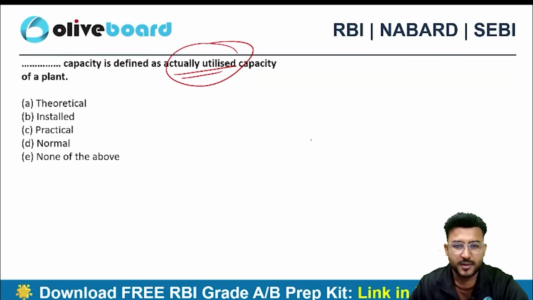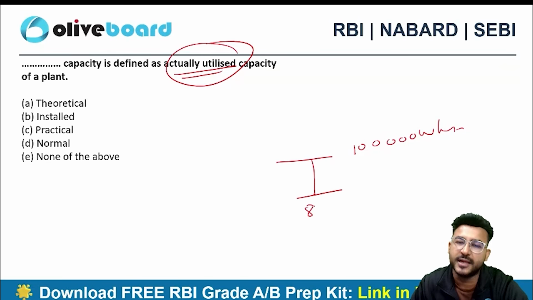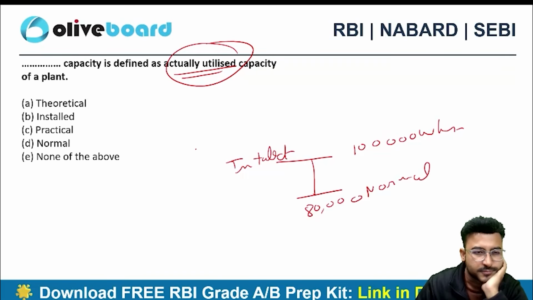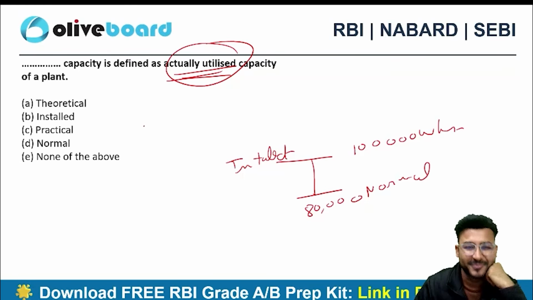Look, my installed capacity is 1 lakh units. My normal capacity is maybe 80,000 units. So this is my installed capacity, and this is my normal capacity. Here they are asking me the actually utilized capacity.